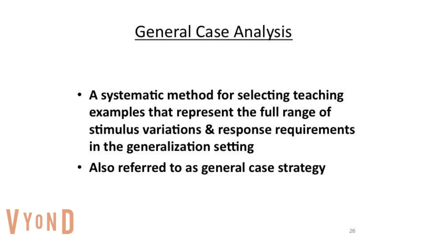And if they came up with multiple ones, they tried to figure out about how many possible combinations, right? So stimulus 1 versus response requirement 1, stimulus 2 versus response requirement 1, and response requirement 2. So it came up to be maybe 16 different combinations using this general case analysis.